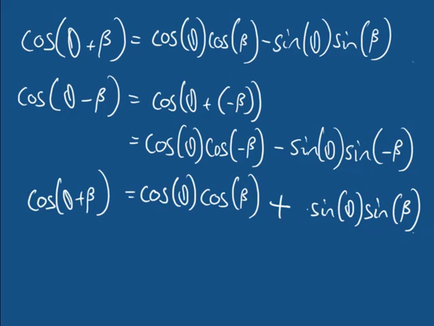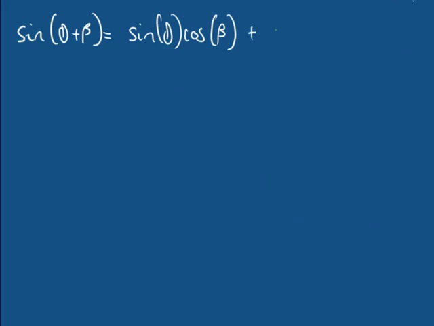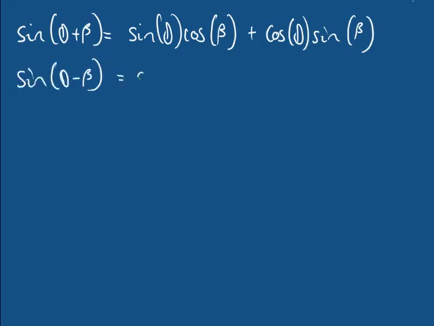So just to recap, here are our four compound angle identities. The sine of theta plus beta is equal to the sine of theta times the cosine of beta plus the cosine of theta times the sine of beta. The sine of theta minus beta is equal to the sine of theta times the cosine of beta minus the cosine of theta times the sine of beta.